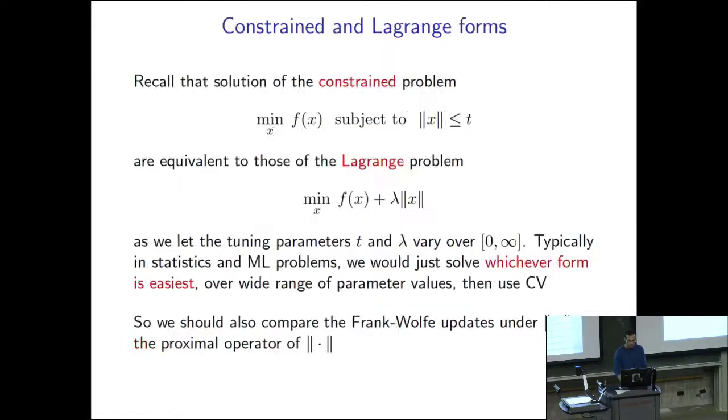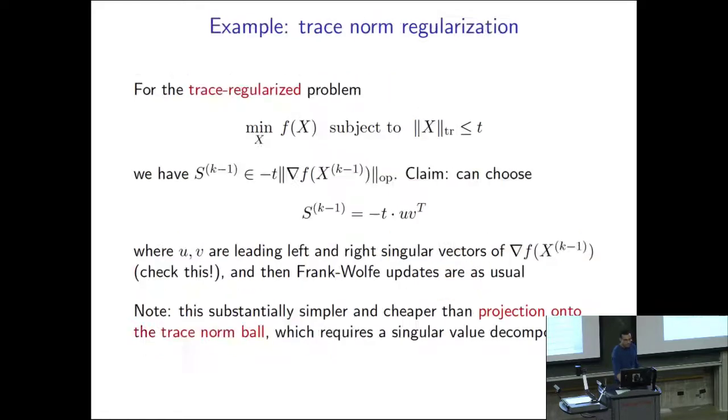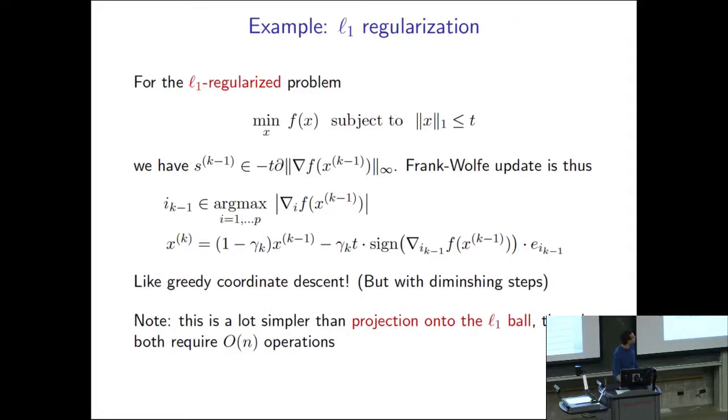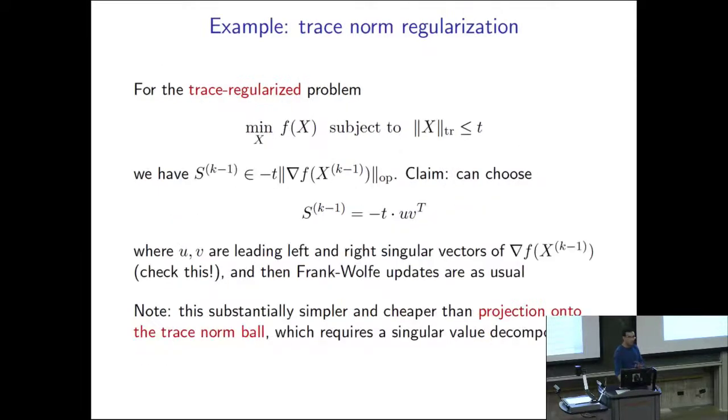So we've been talking about a bunch of problems in constrained form and how Frank Wolfe is cheaper or simpler or both than projected gradient for some of these cases. From an optimization point of view, that's kind of the full story. That's definitive, and if you really cared about this problem, then this is a cheaper update.